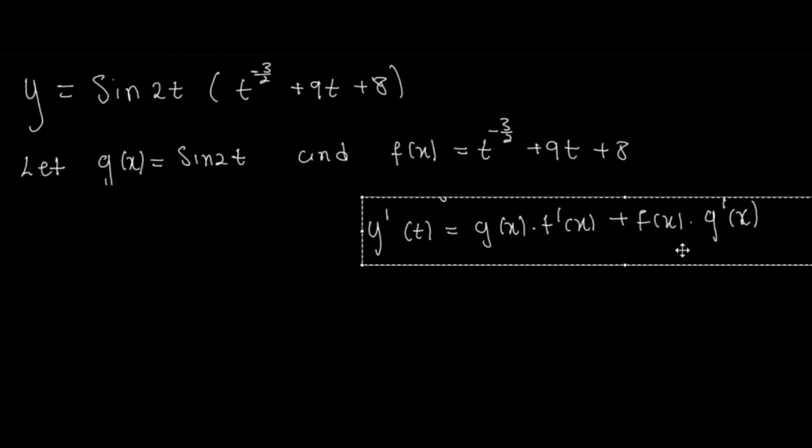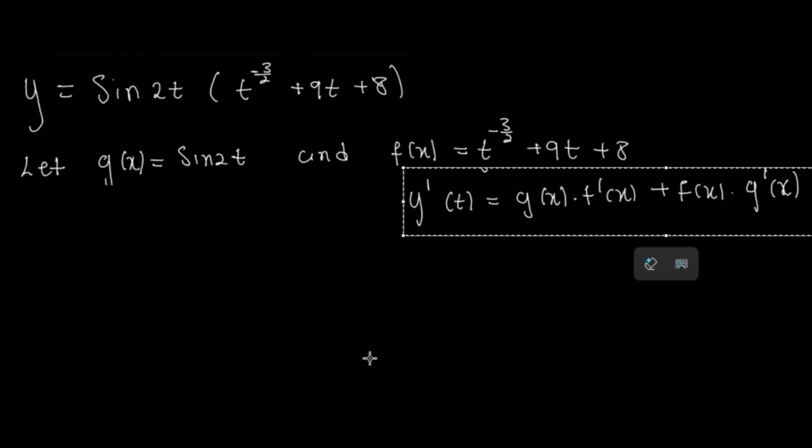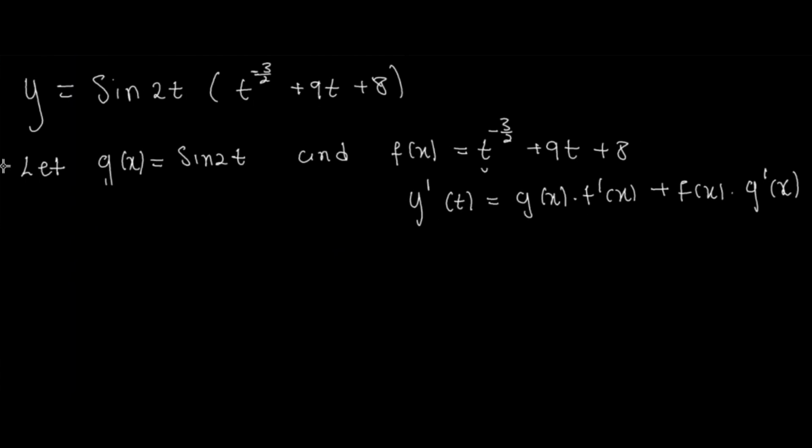So g prime of x is equal to the derivative of sine, which is cosine of 2t, times the derivative of the angle, which is 2. And for f prime of x, here we're going to apply the power rule.